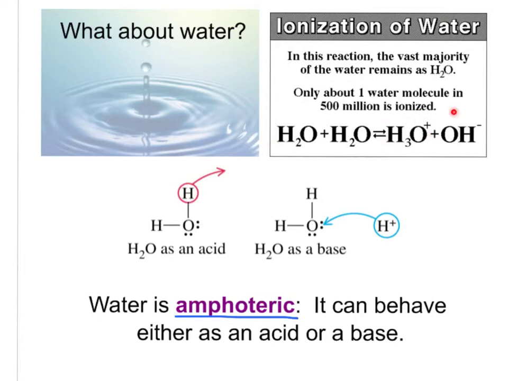So there's really very little of this. The reaction is primarily and predominantly to the left. This is not written very accurately. I just got that off of the internet. This is a nice little format, a little bit better than some of the formatting I do, but the arrow should really lean more heavily to the left.